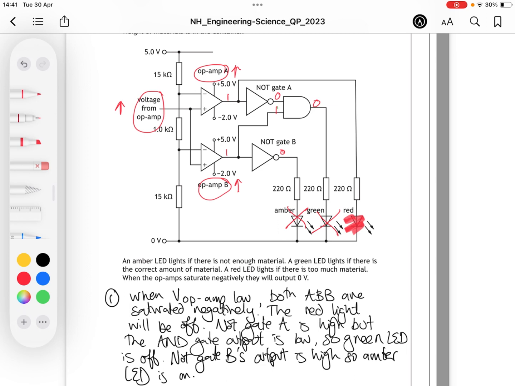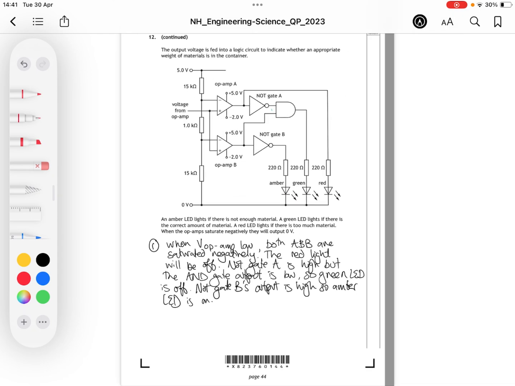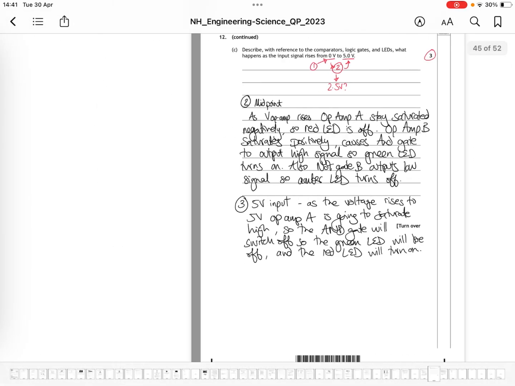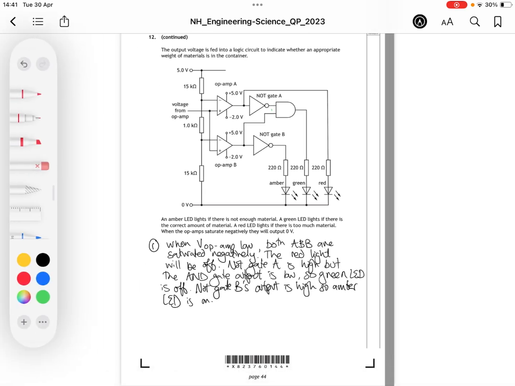How many marks am I getting, and does that equal the number of input conditions I should be talking about? How many marks am I getting, and does that equal the amount of output conditions I should be talking about? Because in this particular instance, we are being told that the amber light needs to be on in one condition, the green light needs to be on for another input condition, and the red one in another input condition.